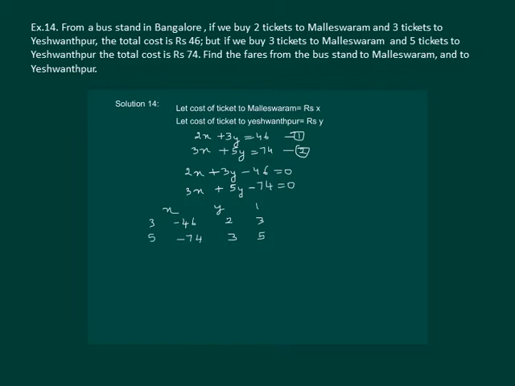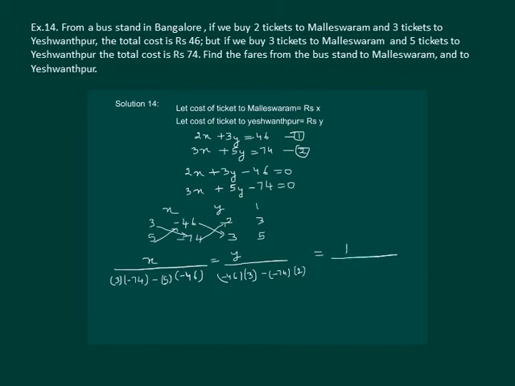We write x under x, multiply 3 with minus 74, minus 5 into minus 46, equal to y by minus 46 into 3, minus 74 into 2, equal to 1 by 2 into 5, minus 3 into 3.